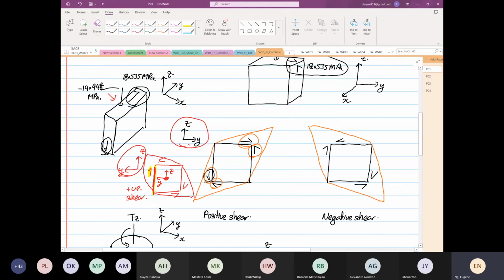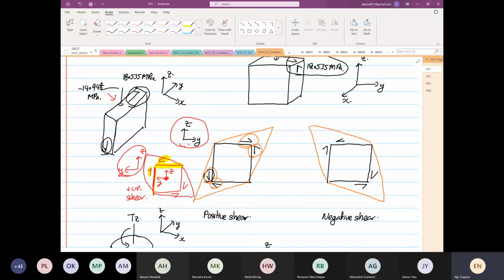That's why it's positive. The area relative to the Z is also on the positive side, and the stress is pointing towards positive also. So that's why this is positive shear configuration. Okay, Roseanne, you okay?